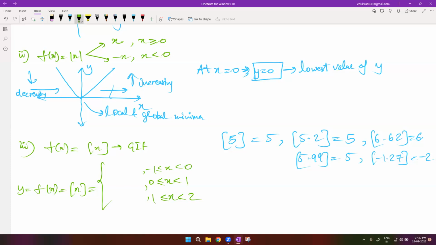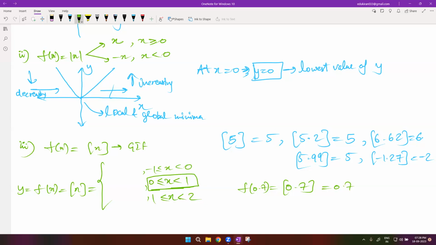Whatever your x is, that comes directly out when x is between 0 and 1. Let's say x is 0.7. So f(0.7) is nothing but 0.7, right? Whenever x is in this interval, y has the same value as x.